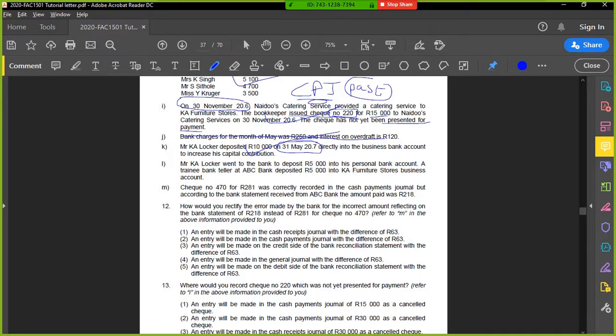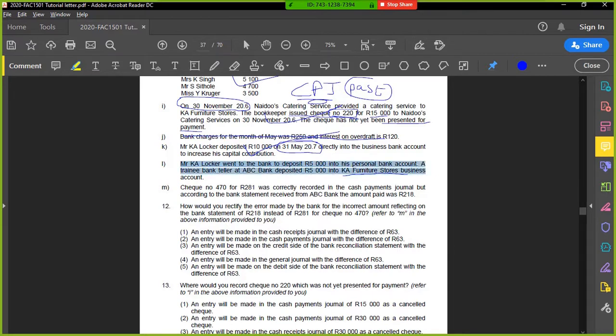Locker went to the bank to deposit 5,000 into his personal bank account. A trainee bank teller at ABC Bank deposited 5,000 into KA Furniture Store's business account. Thoughts? There are 2 different transactions taking place. Is that right? No, there's one transaction, but it wasn't captured correctly. Which is the correct transaction? His personal account.